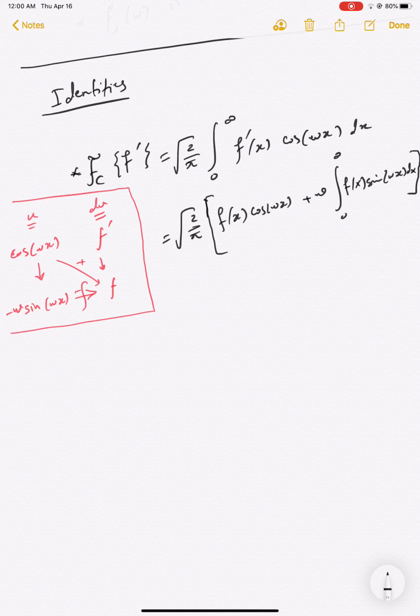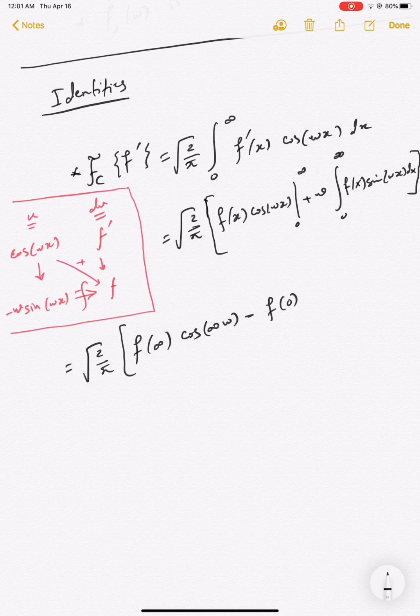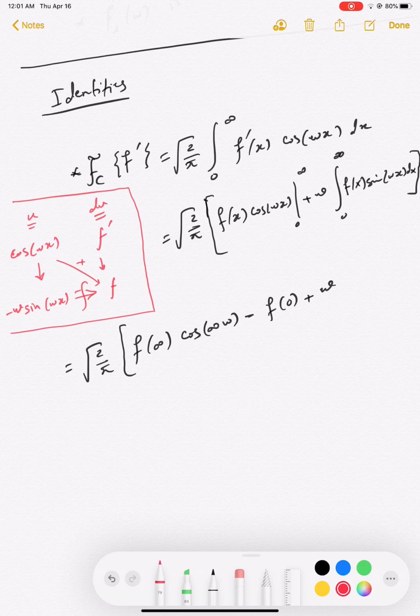Now the limits of the integral are 0 to infinity, and the limits here are from 0 to infinity. So this is going to be equal to root 2 over pi times, now what is this? You substitute the infinity, so you get f of infinity cosine of infinity omega, minus, when you substitute the 0, f of 0, then plus omega, and what is this integral here?